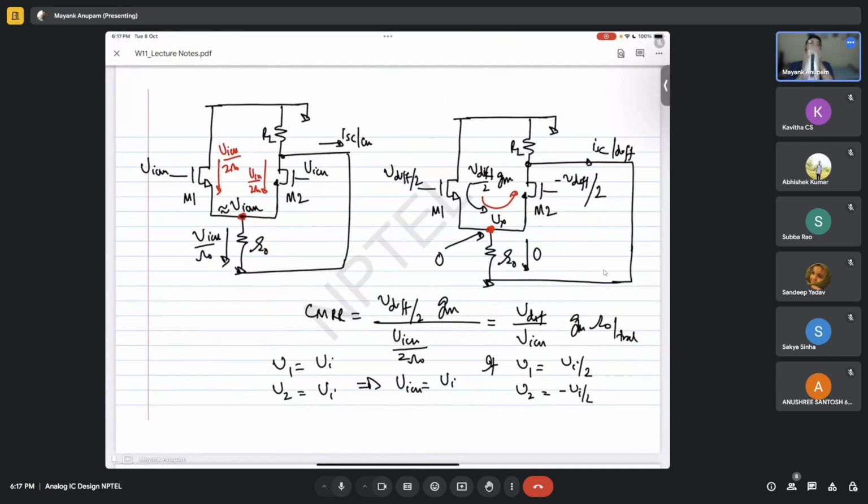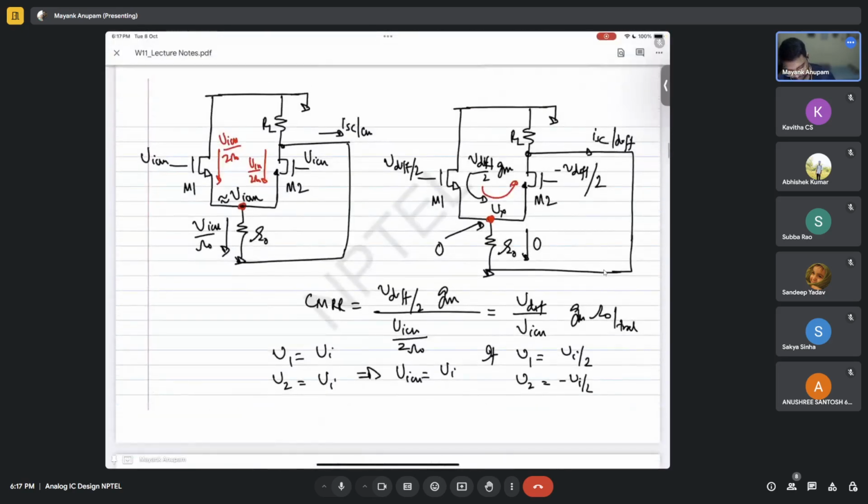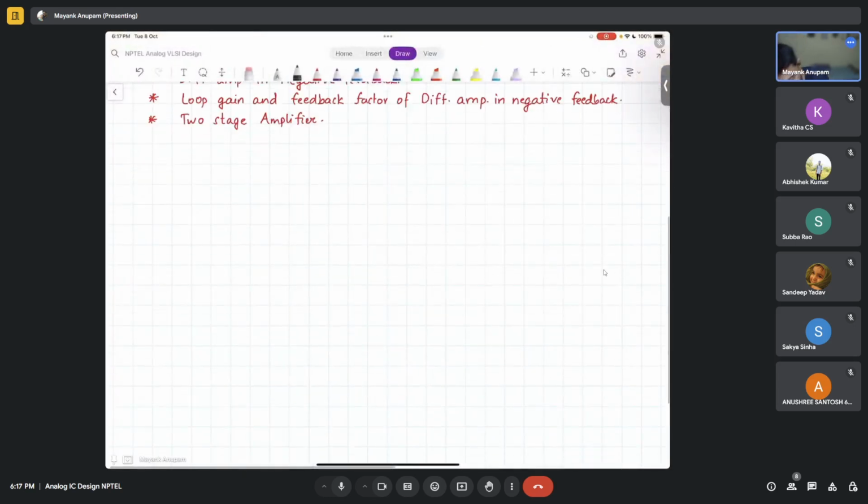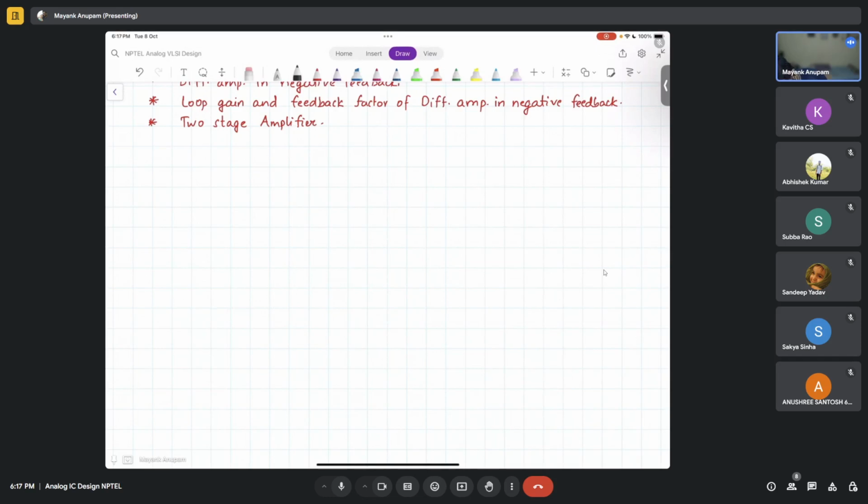Let's do it here ourselves. This is CMRR in a differential amplifier.